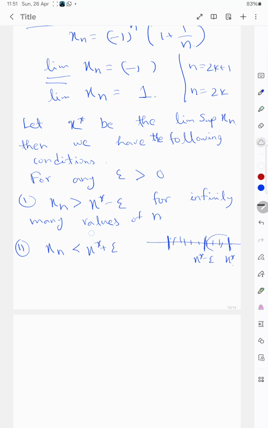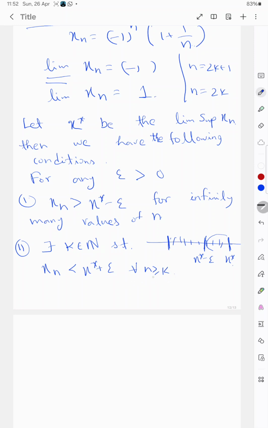This will happen for all except a few. Basically there exists a k belonging to the natural numbers such that xn is less than x star plus epsilon for all n greater than or equal to k. You see, this is also infinitely many, right?